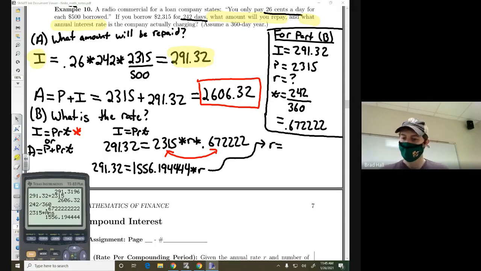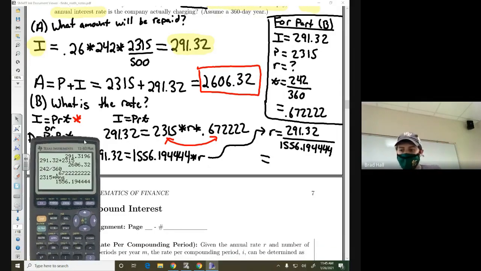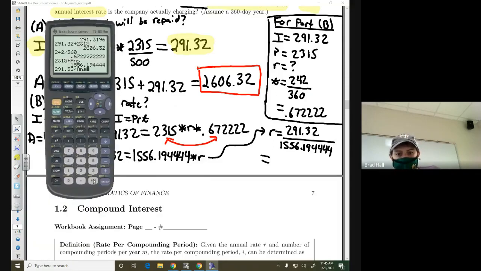And then finally, we divide both sides, as we did before. So I'll do two things here. 291.32 divided by that answer, or you can type out the whole number if you want to.